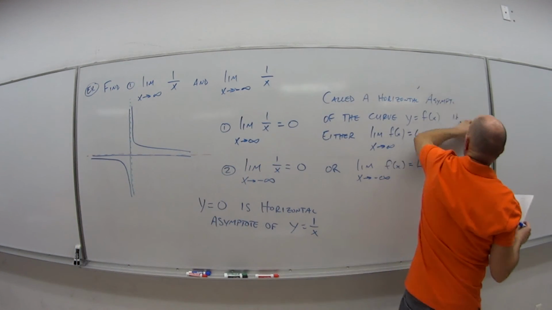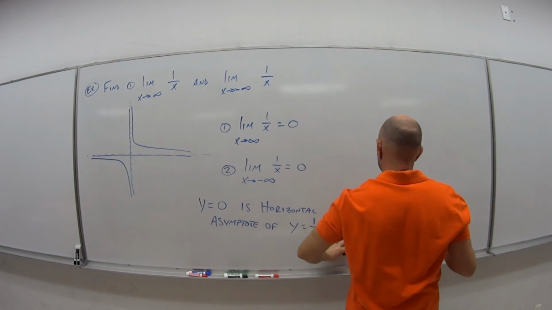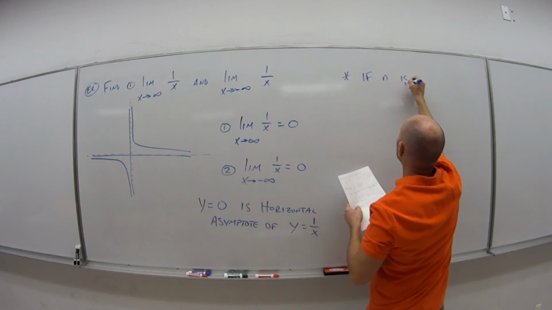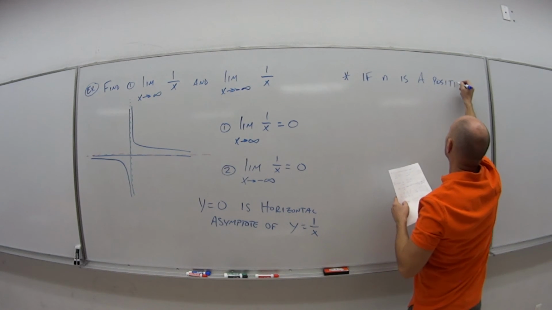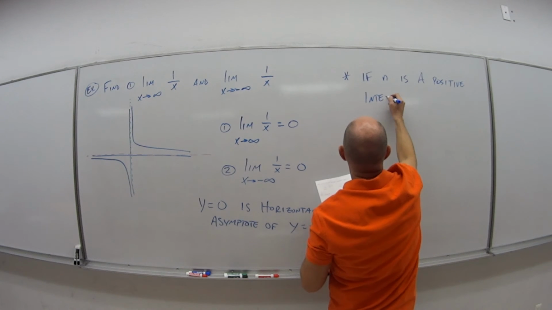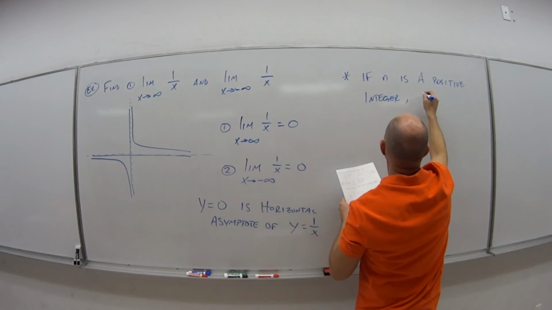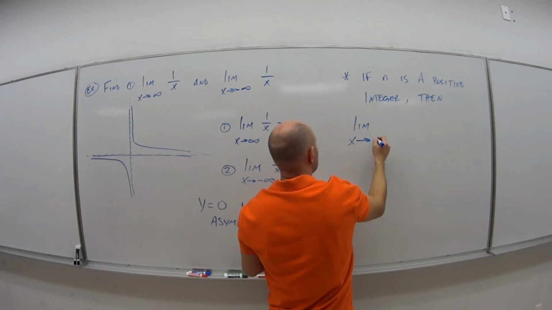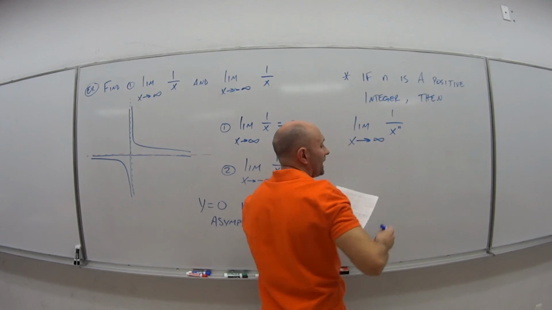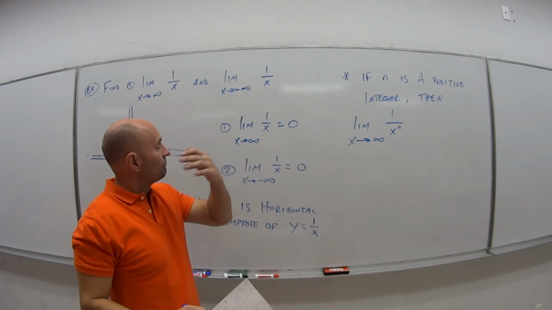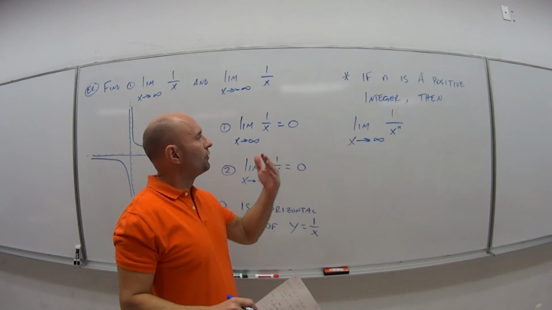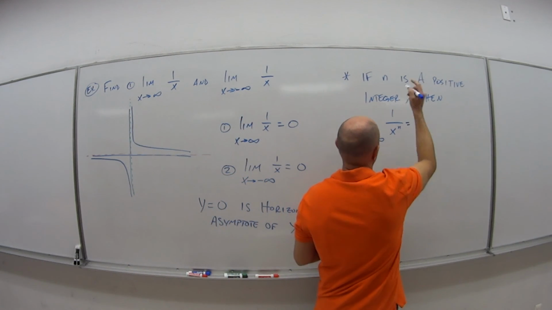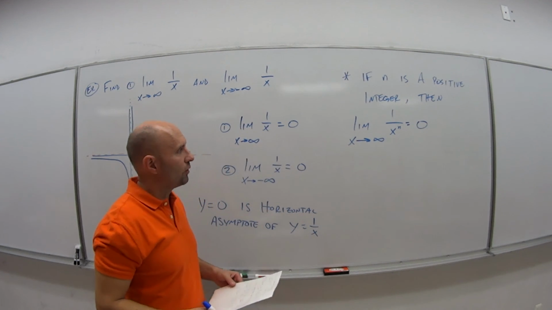So last little note here for this video. If n is a positive integer, then the limit as x approaches infinity of 1 over x to the n power, whether it's 1 over x squared, x cubed, x to the fourth, x to the fifth, doesn't matter, if n is a positive integer, or if n is 1, like we just saw, is equal to 0.